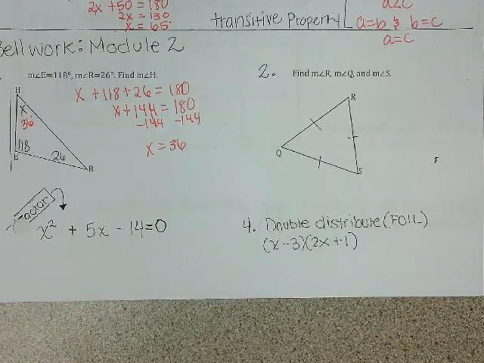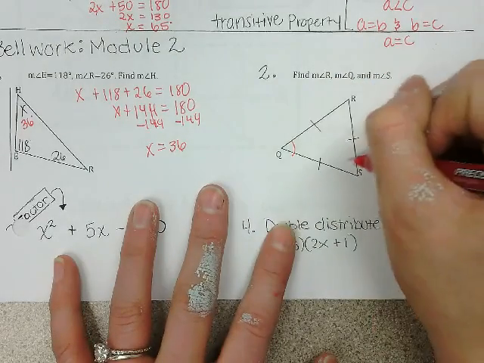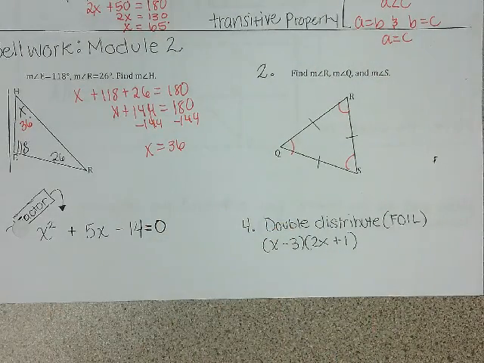All right, number 2. Find measure of angle Q, R, and S. How? They're all equal. Okay, we do know that. But remember, equilateral triangles, we always know their angles. They're always 60 degrees. Right?